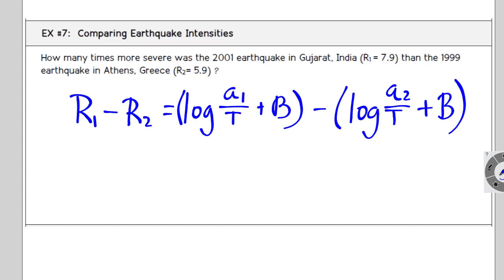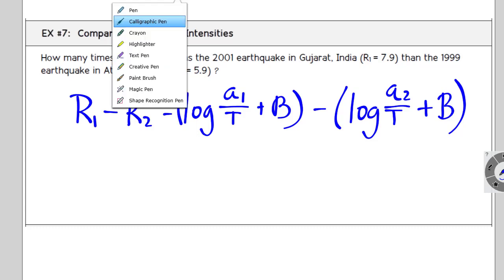T was the period of the seismic wave in seconds, and B is the dampening of the seismic wave. But we'll assume that those values were the same for each of the earthquakes. But for now, this is our formula.